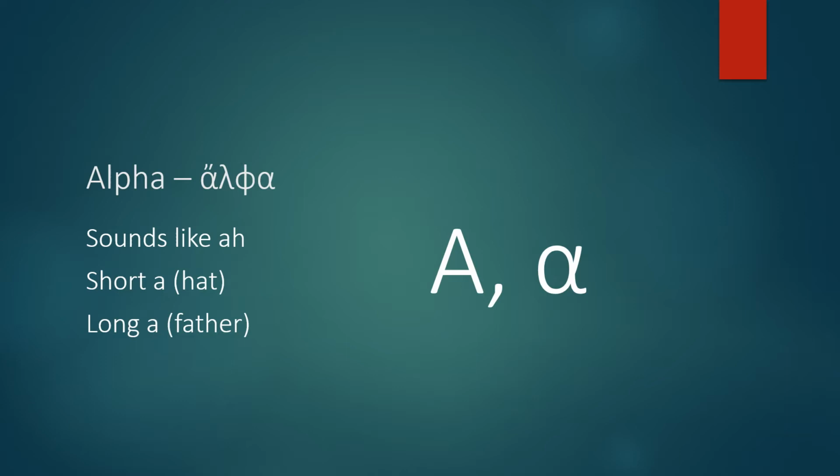Here we have alpha, and you can see the name alpha written in Greek. Don't worry too much about these weird things above letters right now. You'll figure out those pretty quickly. This alpha makes the ah sound, and it can be either short, like in the word hat, or it can be a long ah, like in father.